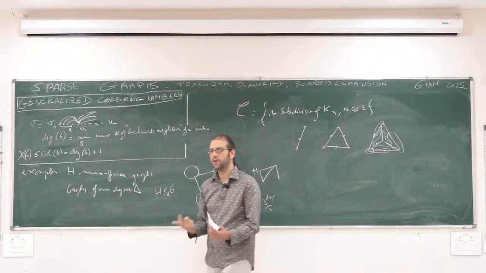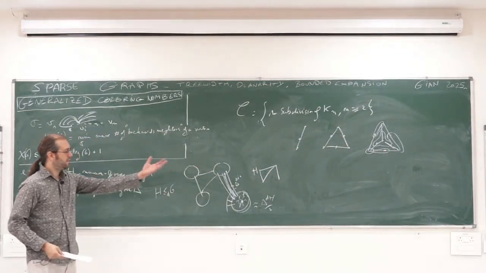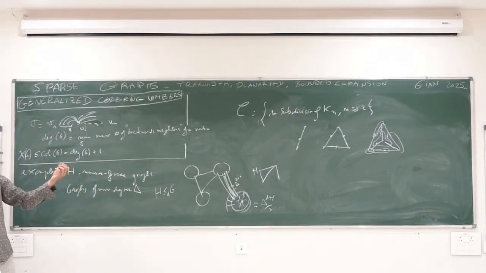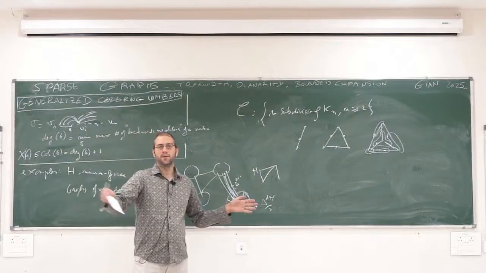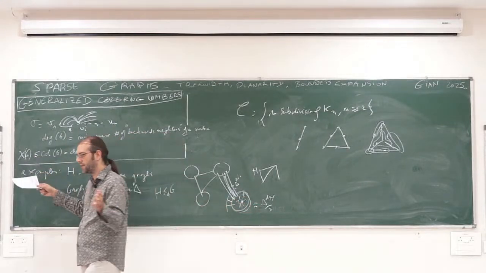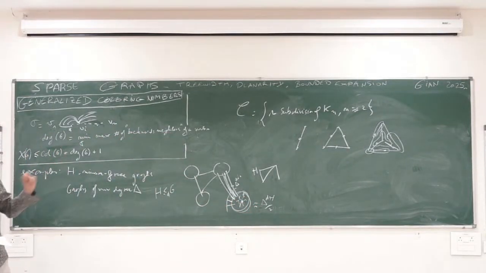And you get a 1-shallow minor which is essentially a clique. You can form any clique you want, so the density will be as large as you want in this class. So this will not be bounded even for d equals 1. This is far from being a bounded expansion class.